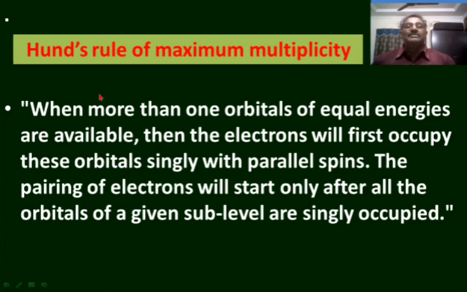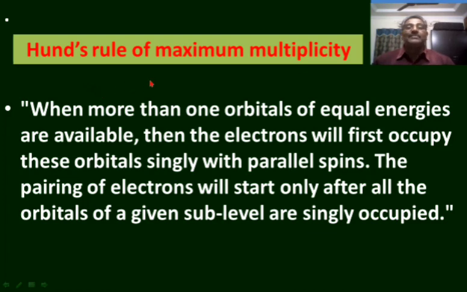Pauli's exclusion principle states that a maximum of 2 electrons can be accommodated in each orbital. One spins in the clockwise direction and the other spins in the anti-clockwise direction. That is, only 2 electrons with opposite spins can be accommodated in any orbital.